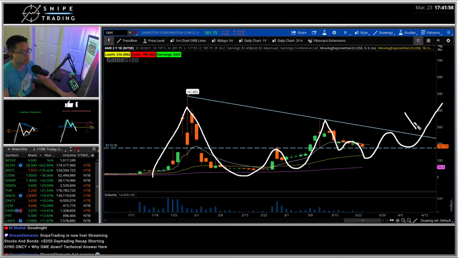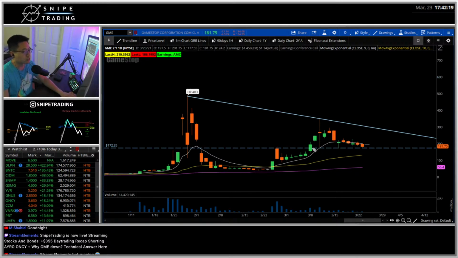So this is a play maybe I'll take in the long run. This might take until April, where you could potentially have that squeeze that everyone's looking for, the 1,000, 2,000 squeeze. But it's going to take some time. You're not going to have a squeeze tomorrow for no reason. The chart is not ready for that.